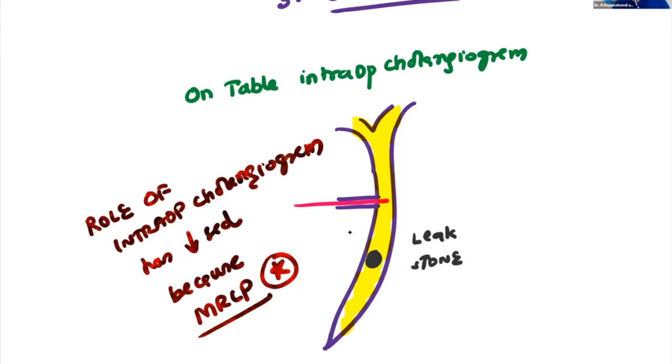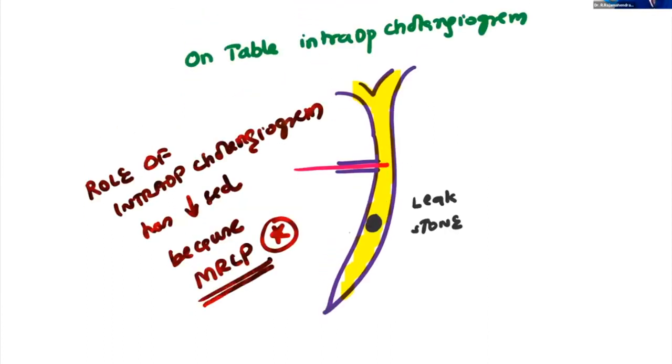If you do MRCP, there is no role for intra-op cholangiogram unless you suspect a bile duct injury during surgery. We have done more than hundreds of cholecystectomies in the past 5 years, but we have never done an intra-op cholangiogram. For 90% of patients, I ask them to come with an MRCP report. Only with the MRCP report will I proceed with the surgery. So this is very important. Please don't forget, on-table intra-op cholangiogram is slowly decreasing because of MRCP.